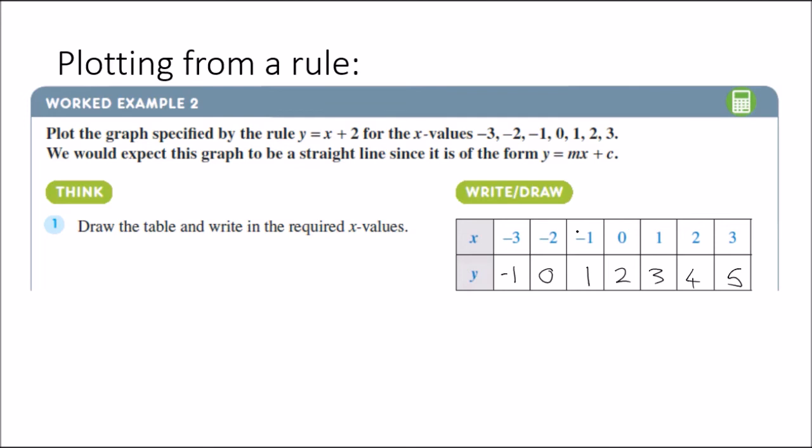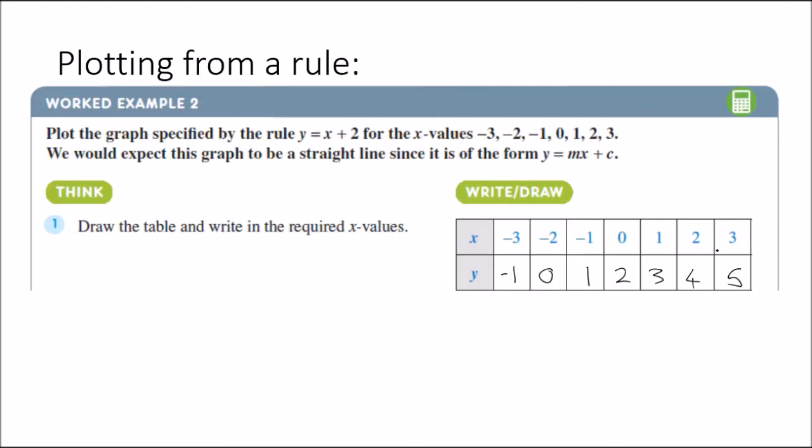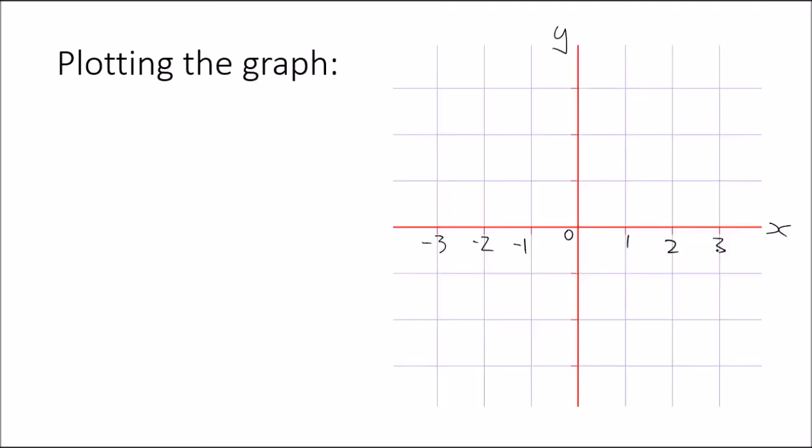And it doesn't actually matter if your x and y axes have different scales, as long as they are both consistent with each other. I'll show you what I mean by that. So firstly, our x values, we go -3, -2, -1, 0, 1, 2, 3, so they fit on nicely. Now when I look at my y values, I can see my maximum y value is 5. So if I use the same scale, I would be off the top of the screen somewhere, so that's not too useful.